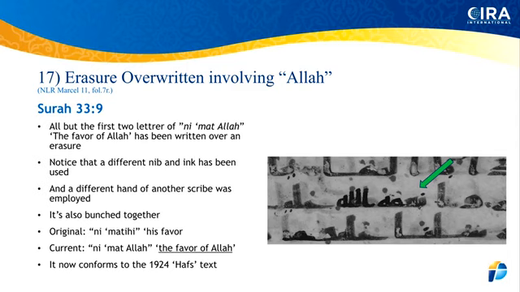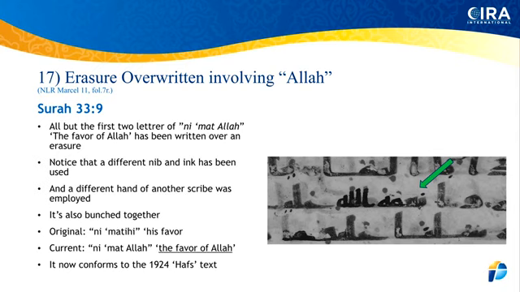You can see that there's an eraser underneath. You can see it's written in a different ink. It's written with a different nib, and of course, it's done by a different scribe, and it's also bunched together. It's not as big as the other letters around it, so it's been bunched together.